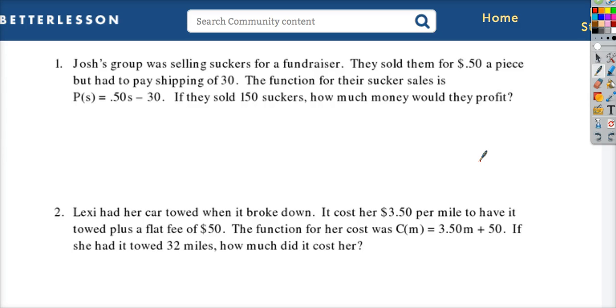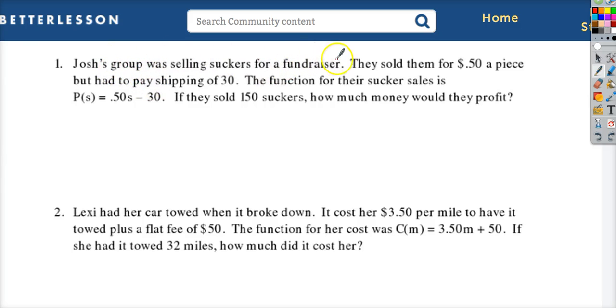But if I gave you context, it could be you get $2 for every homework assignment you finish from your parents. That'd be quite a deal. But then you would have context of what that equation actually means. So let's look at a few.